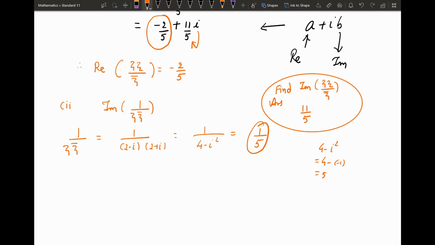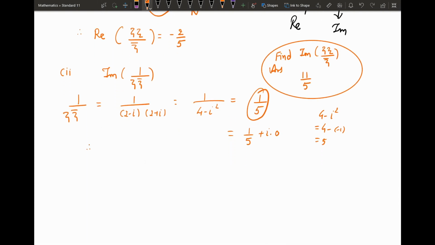This is a pure real number, so 1 by 5 plus i into 0. So what is the imaginary part? Therefore the imaginary part of 1 upon Z1 into Z1 bar is equal to 0. This is the coefficient of i, it is the imaginary part.